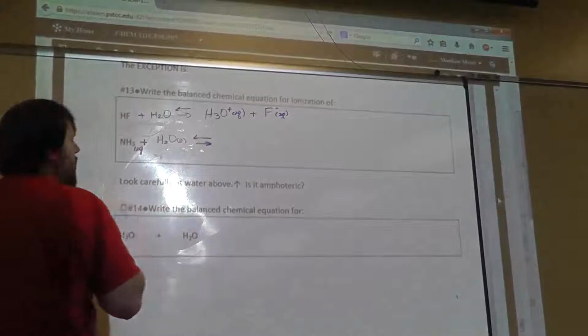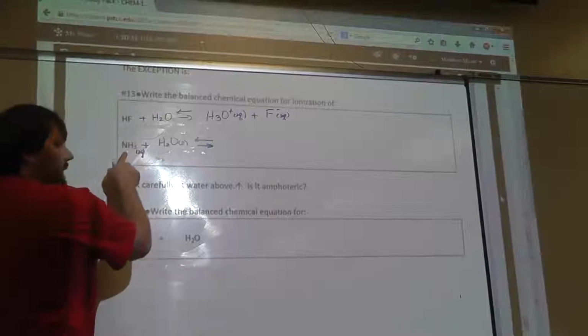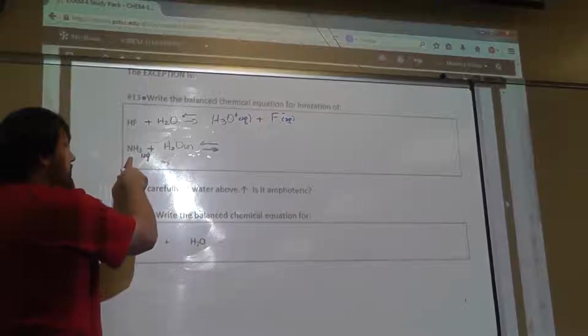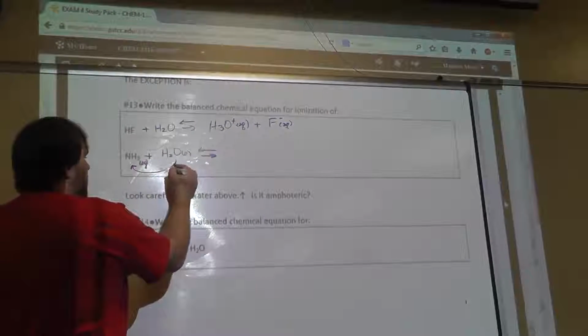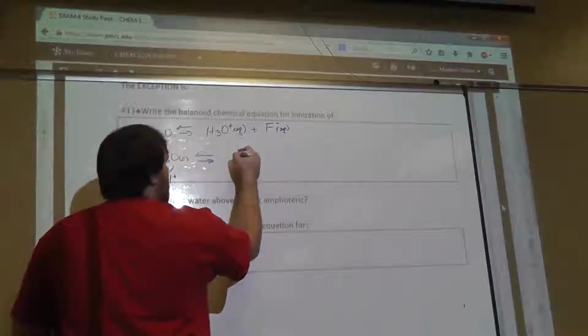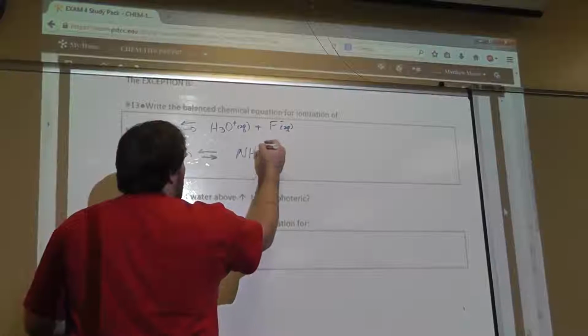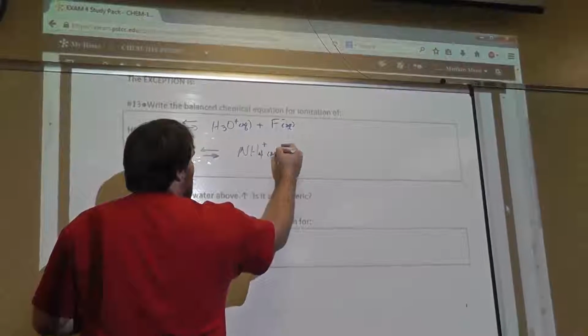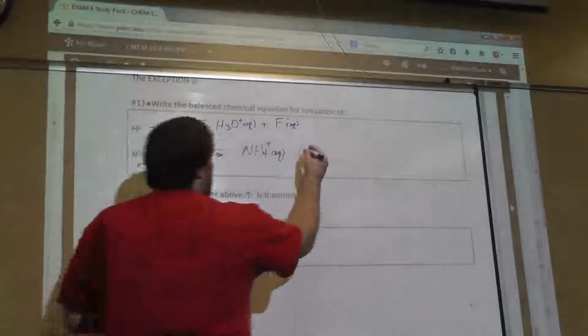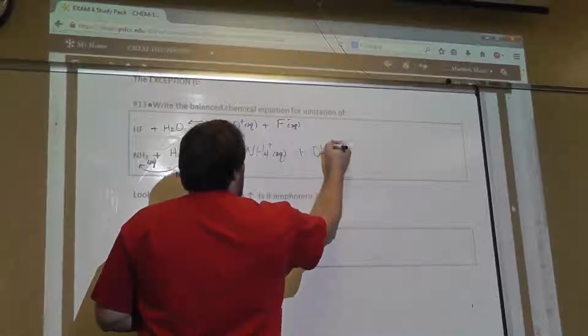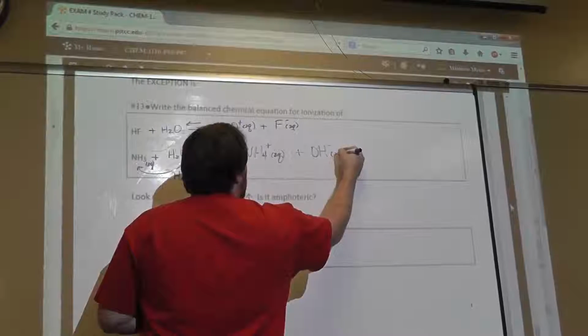Weak base is a two-way arrow. This guy, right here, weak base, he's going to accept a hydrogen. The only guy he can accept a hydrogen from is that water. When he accepts that hydrogen, what it makes is an ammonium. And what's left behind there is a hydroxide.